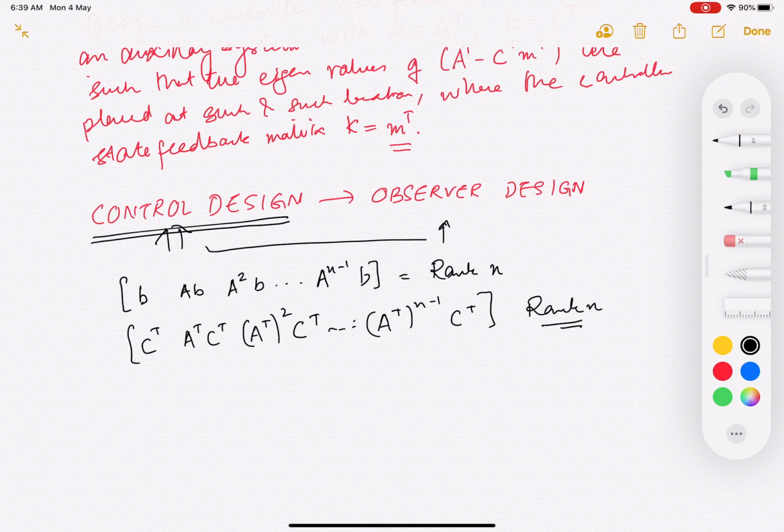and when this has a rank n, how would this have a rank n? Because we have already seen that if a system is observable, then you can straight away design the observer for it.